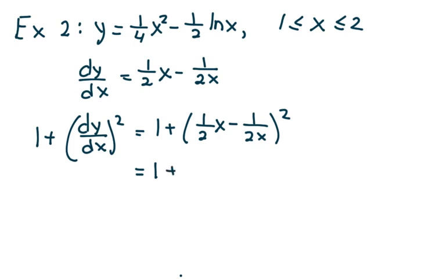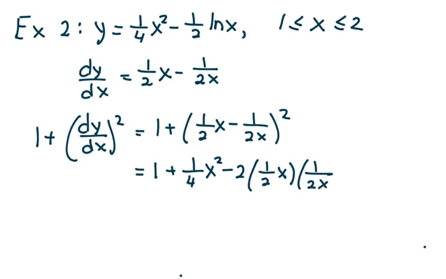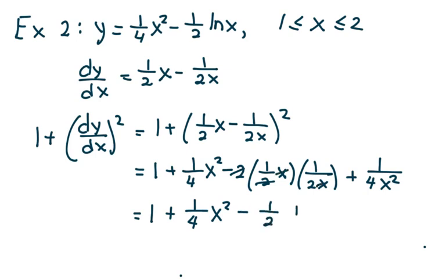Now I'm going to square out that binomial, so we get 1/4 x squared minus 2 times 1/2 x times 1/(2x) plus 1/(4x squared). So this is 1 plus 1/4 x squared. The 2's cancel, and also the x's cancel, so we get minus 1/2 plus 1/(4x squared).